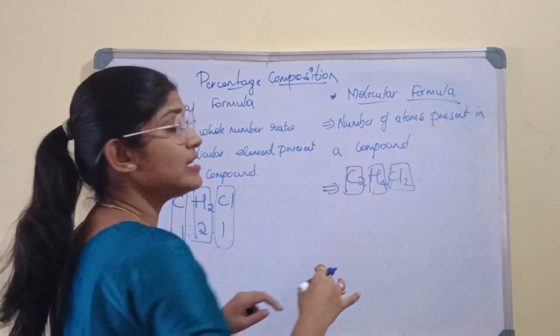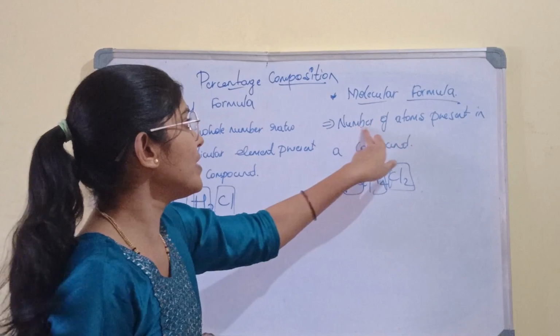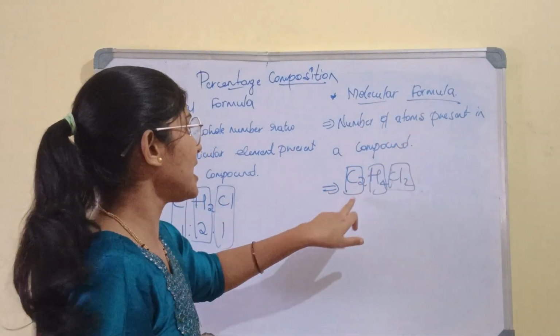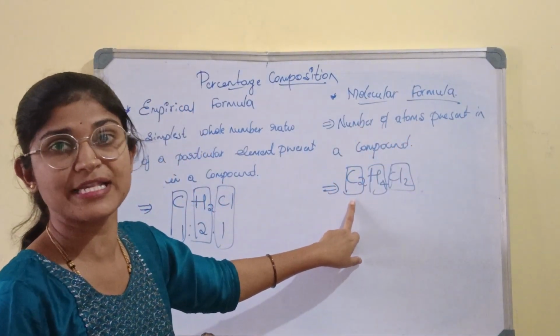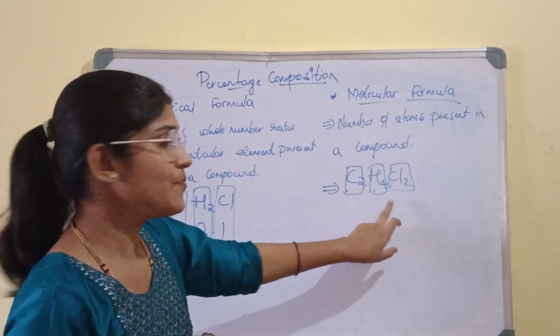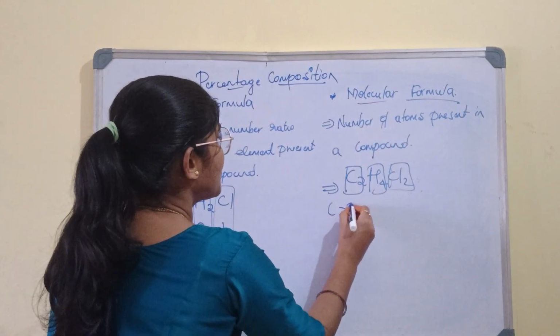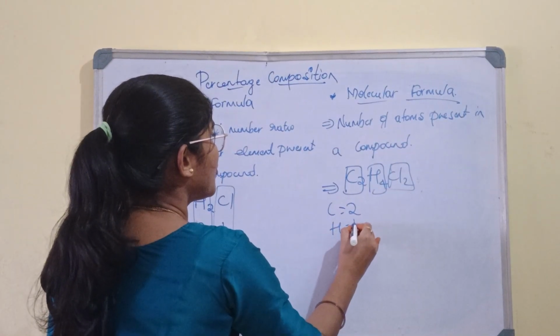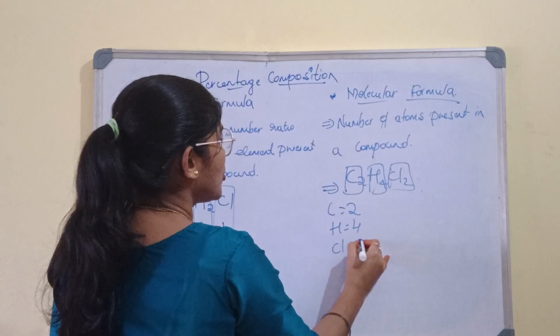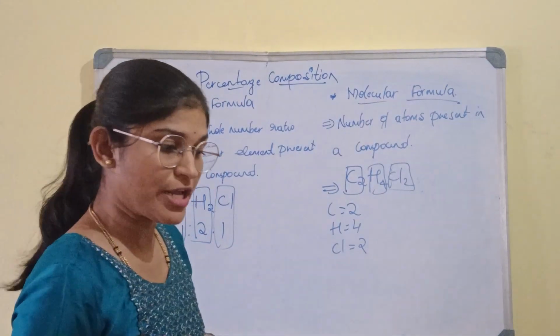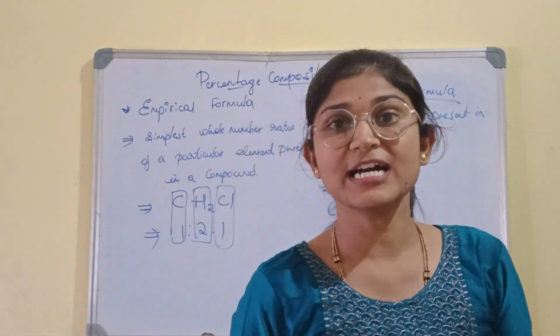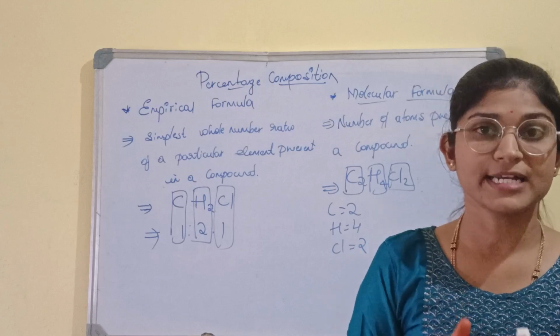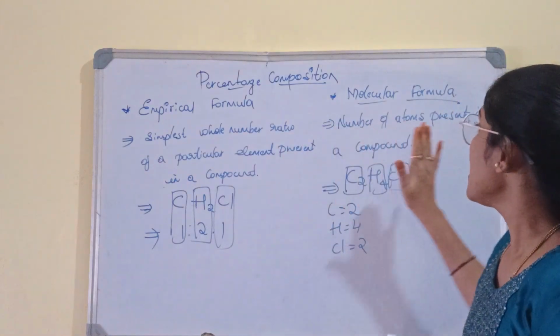We can find the number of atoms. How many carbon atoms are present in C2H4Cl2? Carbon 2, hydrogen 4, chlorine 2. In molecular formula we can find how many atoms or elements are present in a compound.